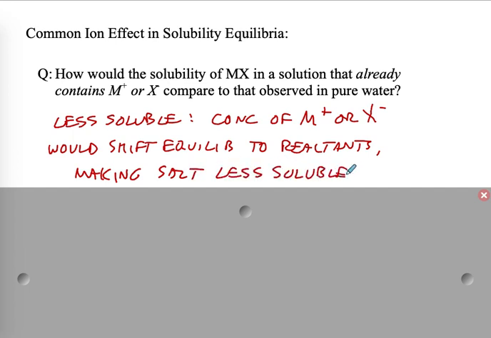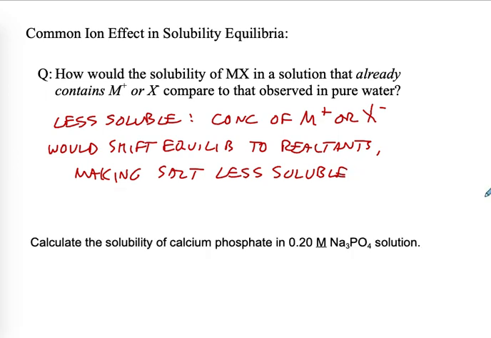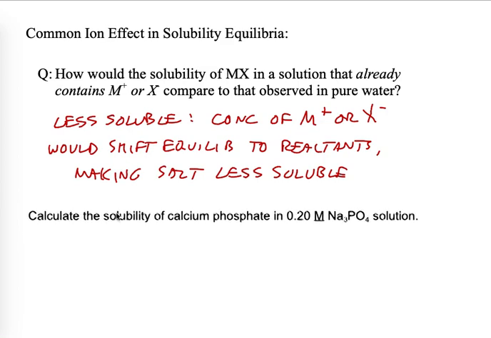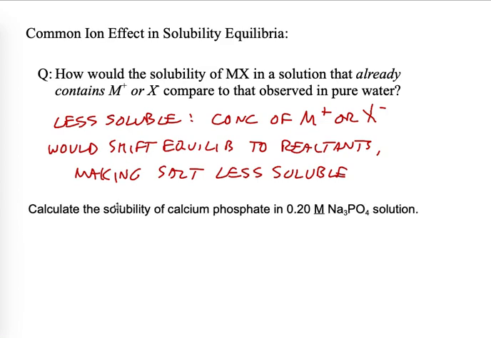And we would see that's true. So let's do an example of that. And here we're going to ask the question, what is the solubility of calcium phosphate in 0.20 molar sodium phosphate solution? So we're dissolving, dissociating it in a solution that already contains a substantial concentration of one of the products of the dissolution, namely the phosphate anion.